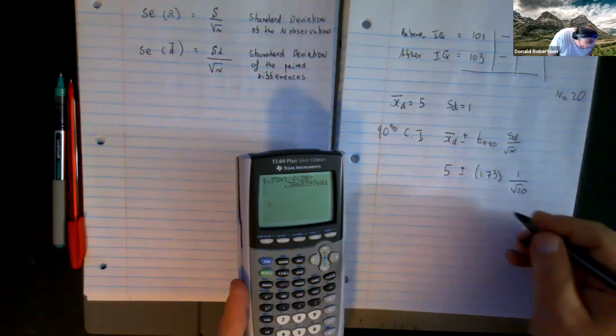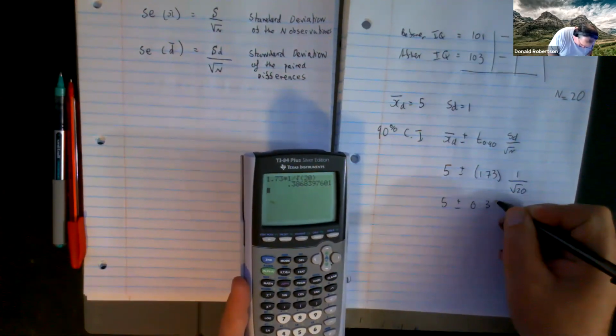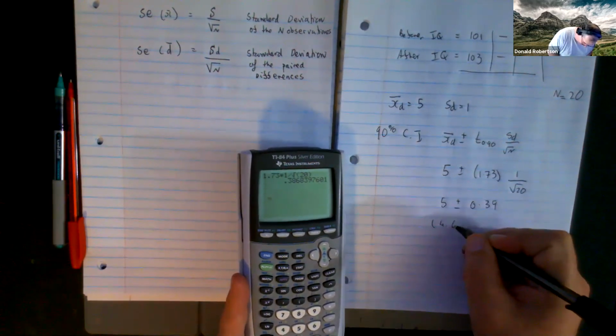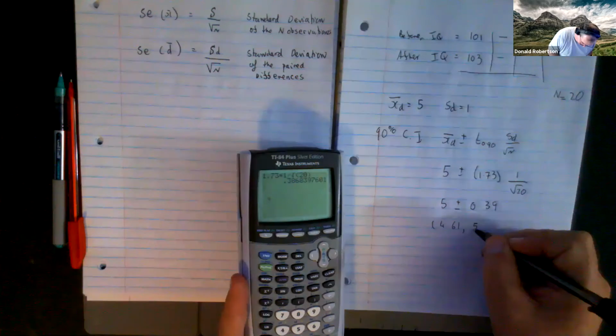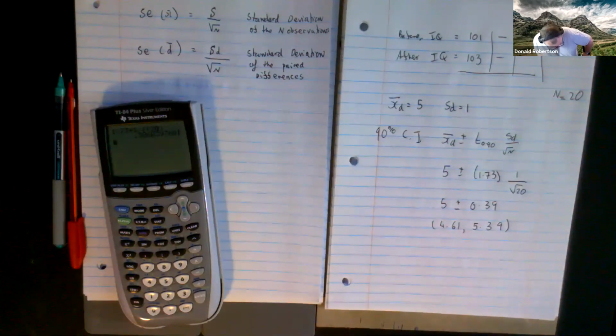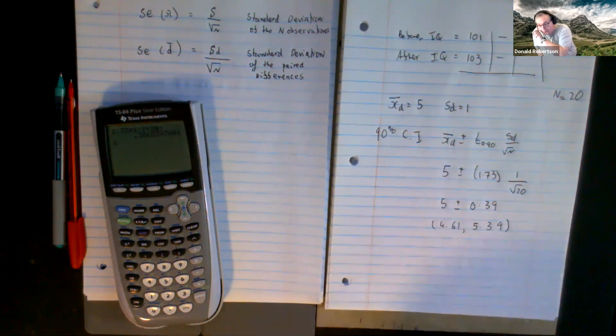And the answer we get is give or take 0.39. So you have, allegedly, according to this experiment, if you take Guinness, your IQ will improve somewhere around about 4.5 points.